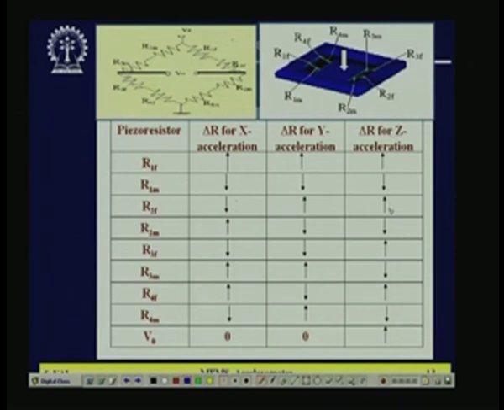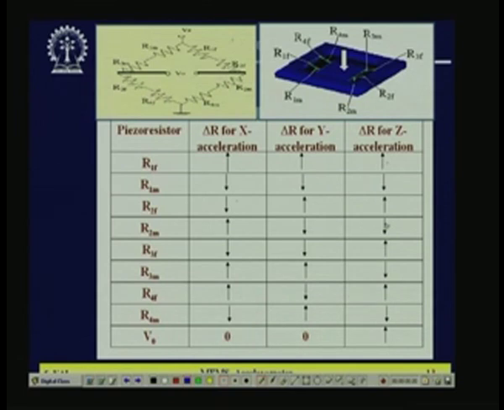Similarly for the second flexure R2F, all the flexure end resistances are increasing and all the mass end resistances are decreasing, because all the flexure ends are getting the tensile stress and the mass ends are getting the compressive stress. So normally, if 1F and 1M are connected together, then there is no change. Similarly 2F and 2M are connected together, no change, it will remain the same.